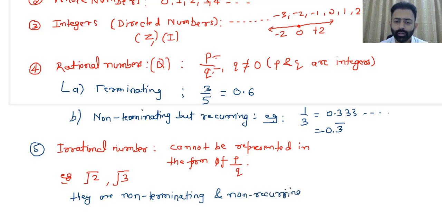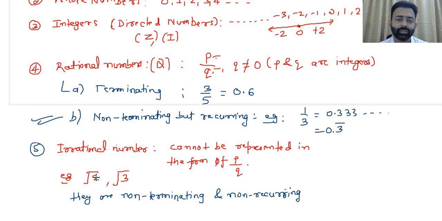In rational numbers like 1 by 3, 2 by 3, 4 by 6, the decimal equivalent doesn't terminate, but the digits repeat after a certain number of digits after the decimal point. But in these irrational numbers, there is no pattern, right? All the digits will just occur randomly.